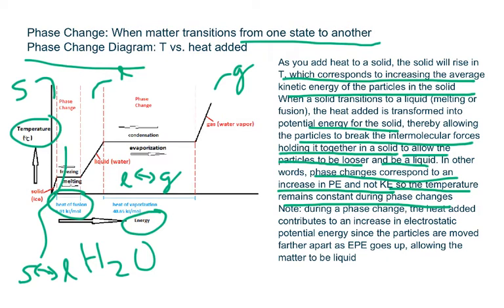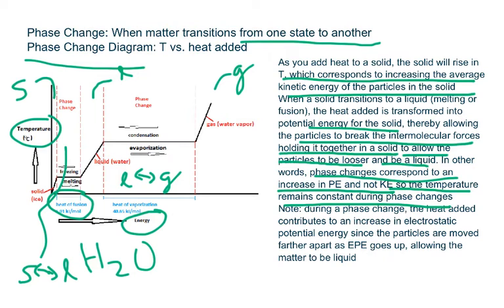And remember, the atoms are attracted in the first place because of proton-electron attractions between two atoms. As you add heat, the heat is being converted into electric potential energy, and this causes the atoms to be farther and farther apart. And when atoms are farther apart, they are more loose, which allows them to maybe be a liquid, for example, instead of being a solid.